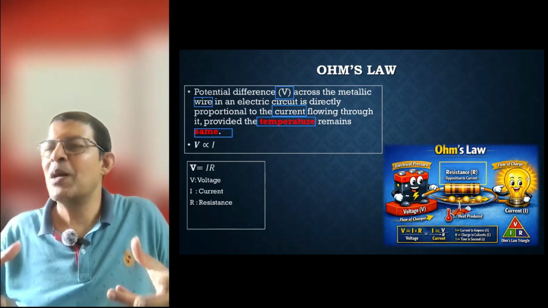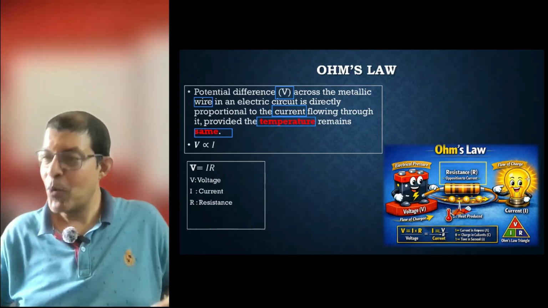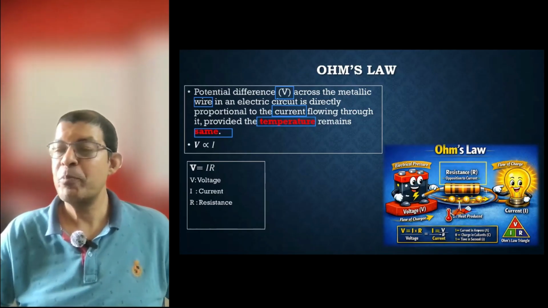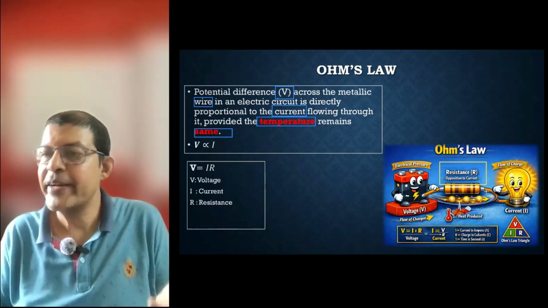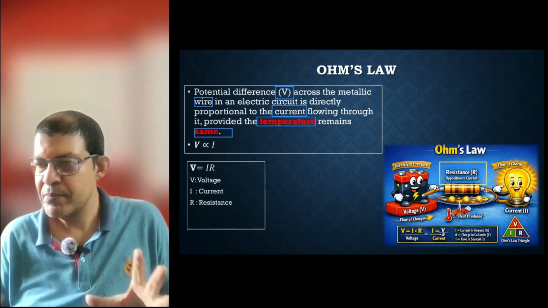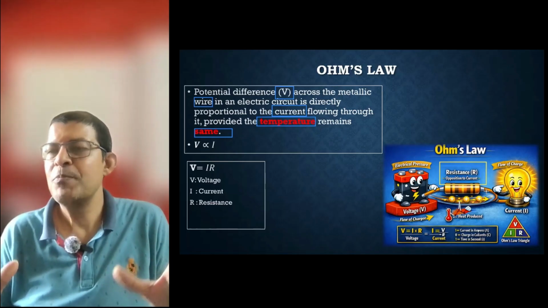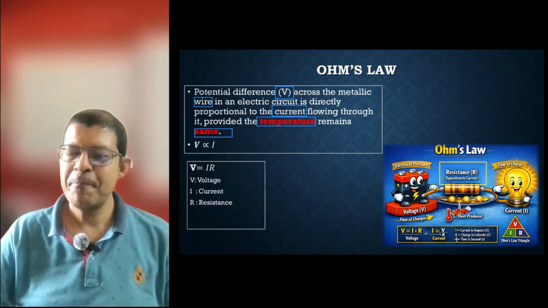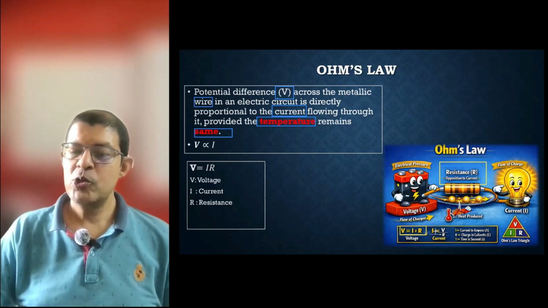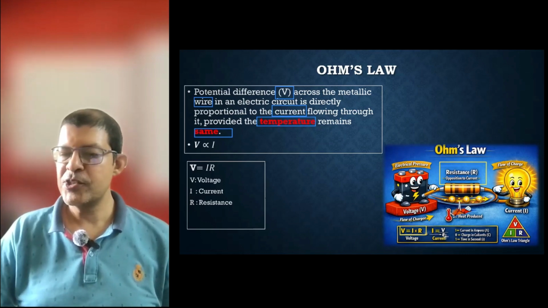And lower the resistor, the bulb will start glowing wonderfully, provided it meets the required parameters. It should not be too high a current that the bulb may just blast off, and it should not be too low that the bulb will just appear dim. It should be bright enough for you to see the things around, right? So V is equal to IR, or when you rearrange it, you get current is equal to voltage by resistance.